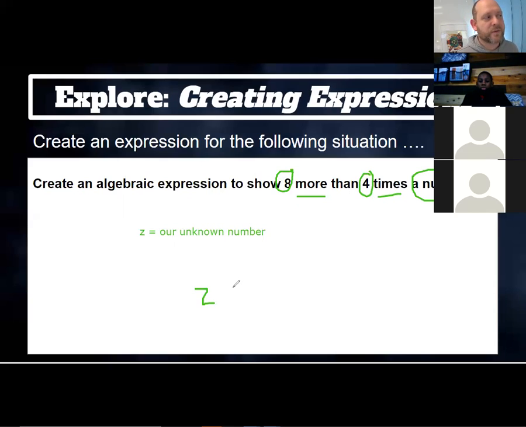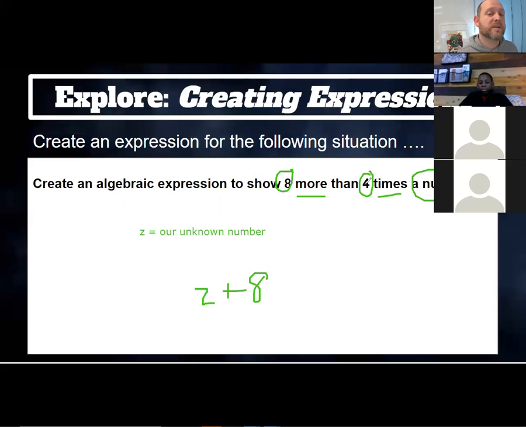If I say I've got 3 and then I've got 2 more, what operation am I using? Heidi or Avery, you want to help them out? Addition. Yeah, we would just be adding it. So I'm going to do my 8 more.